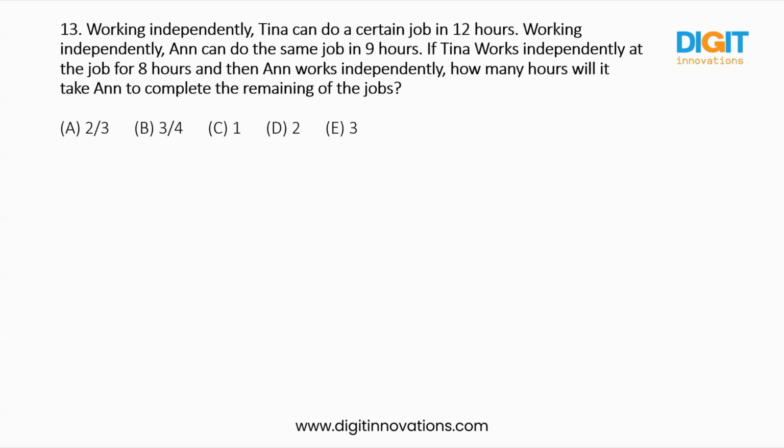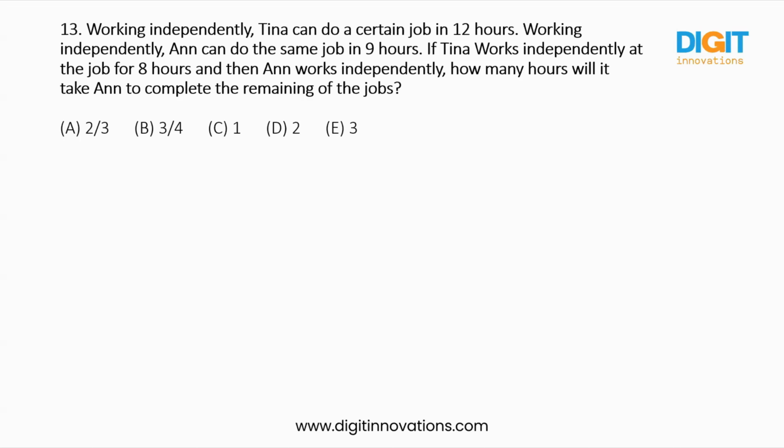If Tina works independently on the job for 8 hours, the same work, how many hours was she taking to complete the 100%? 12 hours. But now she worked only for 8 hours. That means she completed only some work. How much work we don't know.